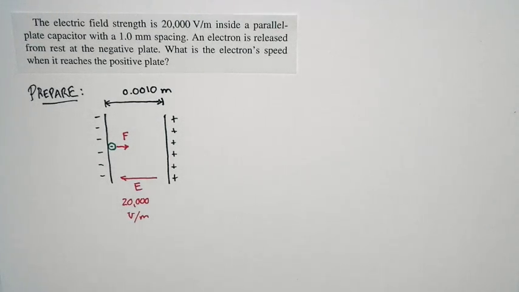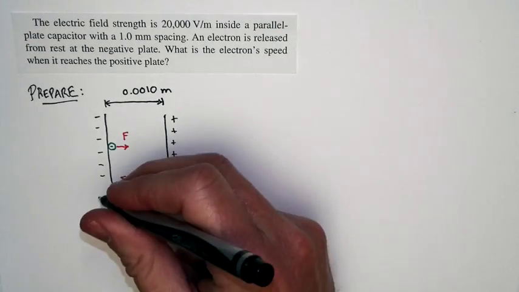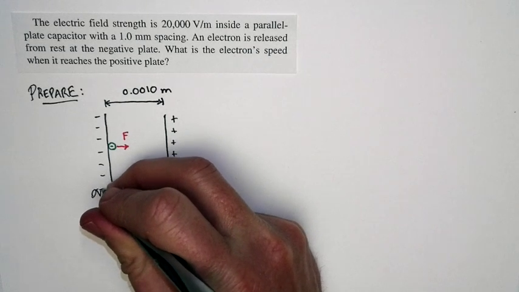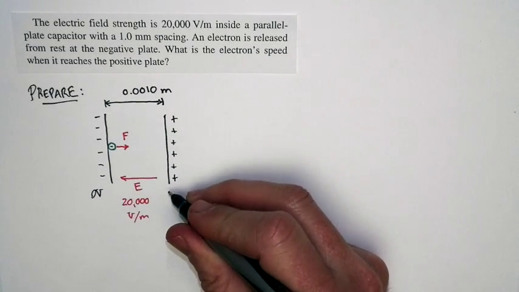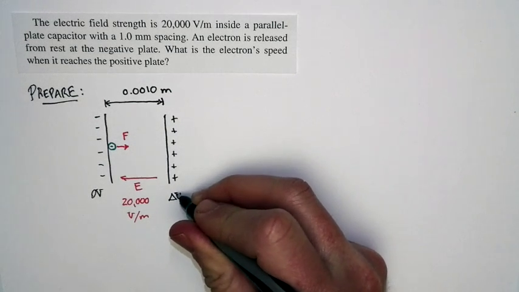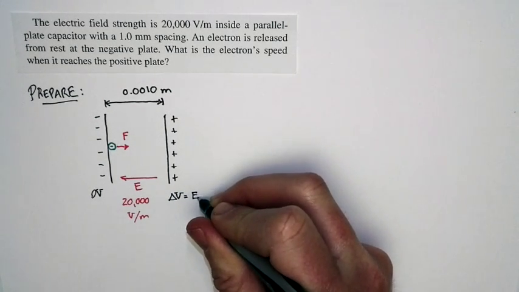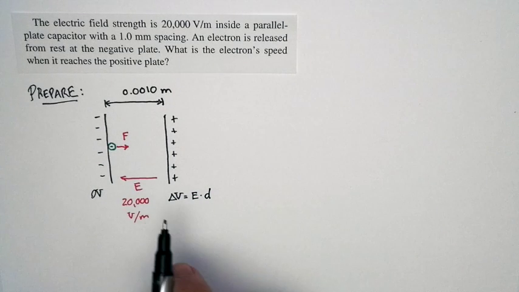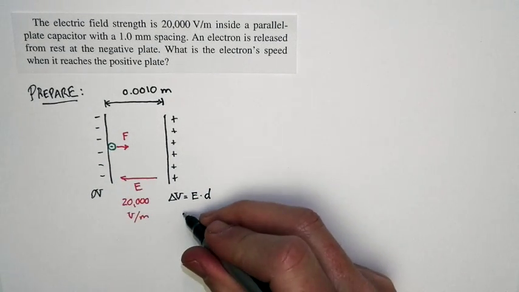If we say the potential at this plate is 0 volts, at this plate the potential difference is just going to be equal to the electric field times the distance, because the electric field in this region is uniform.